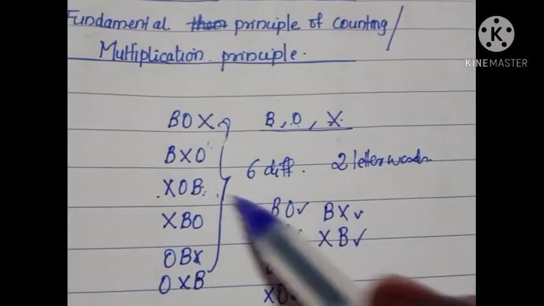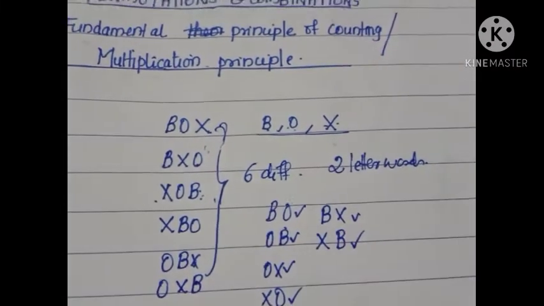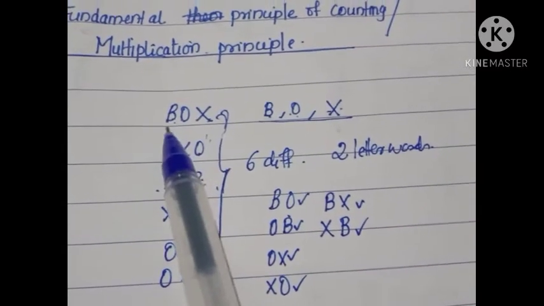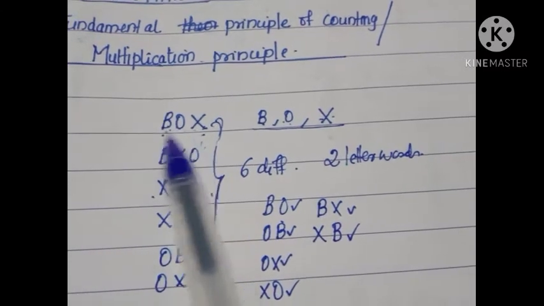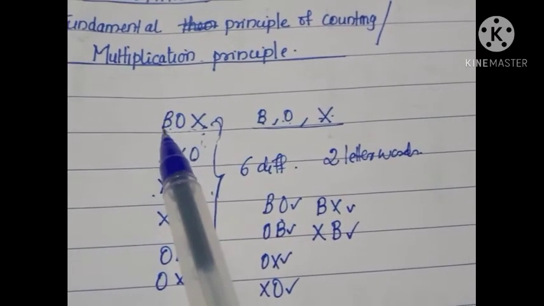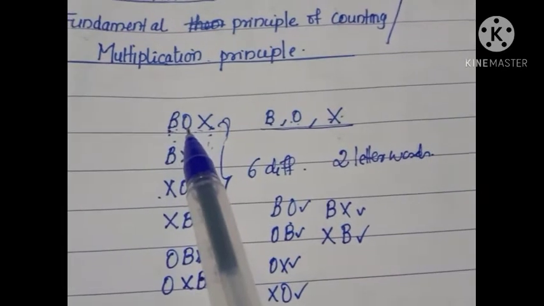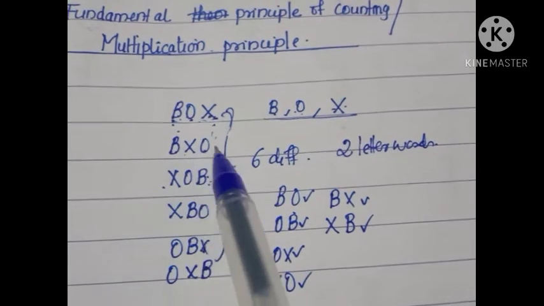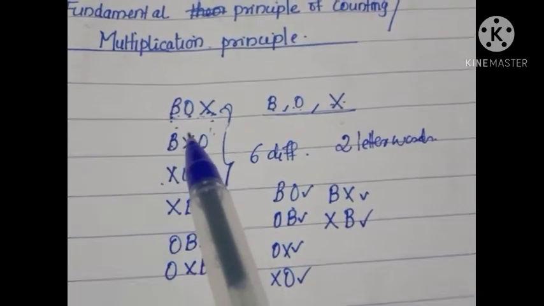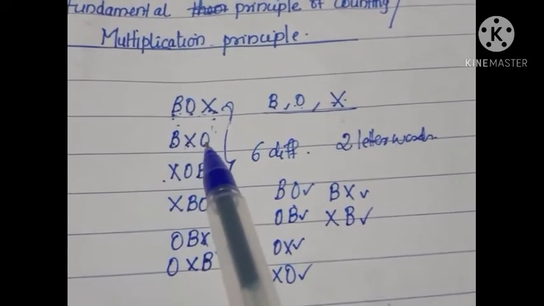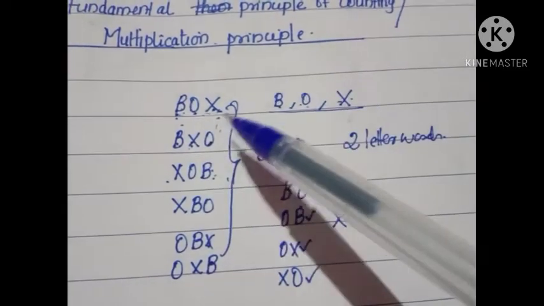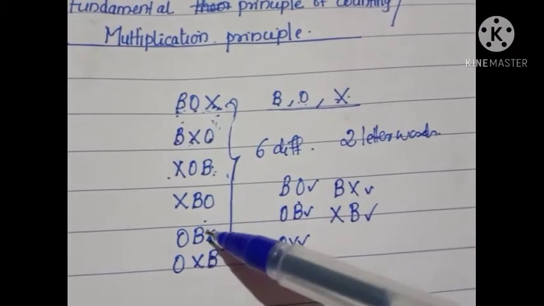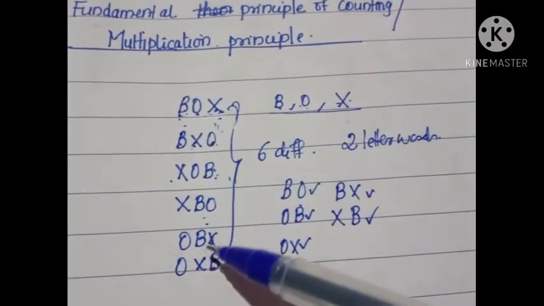So in these two types of arrangements, we can see that there is an order. It's very important. See, in this word, B is in first place, O is in second place, X is in third place. At the same time, in this case, B is in first place, X is in second place, O is in third place. So, in each and every arrangement, each letter carries its own position.